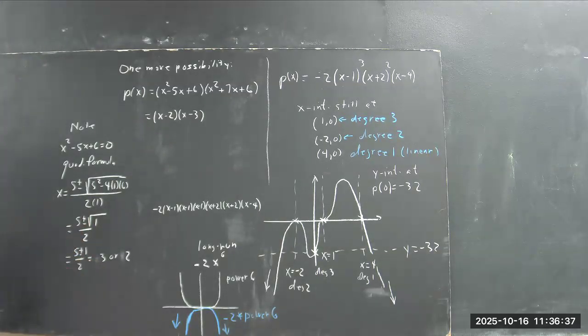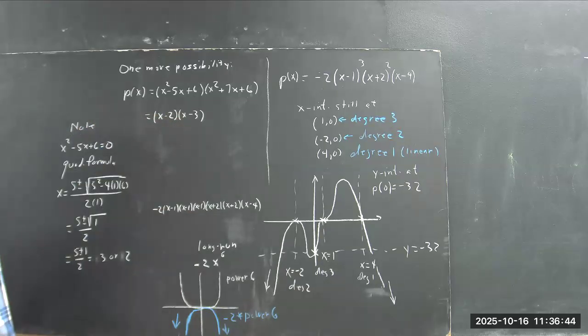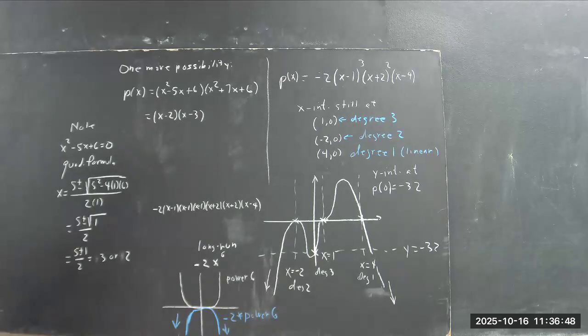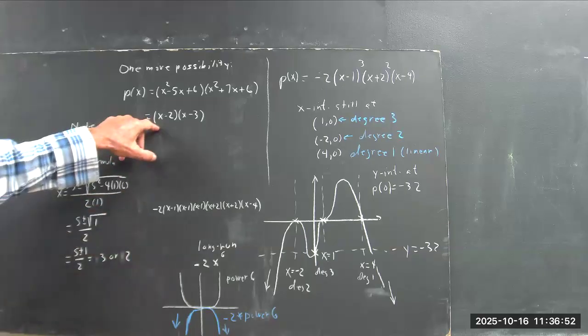It's 3 or 2. So you know that this thing has to factor as x minus 2 times x minus 3, because those are the numbers that make it 0. I mean, 3 makes this 0, 2 makes this 0.